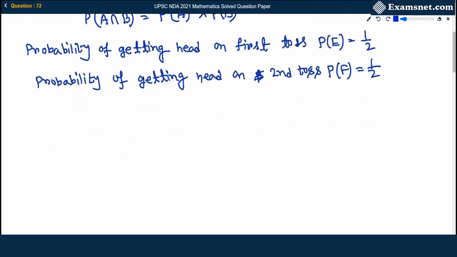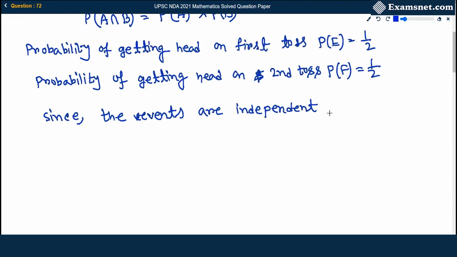Since these events are independent, we can write probability of E intersection F is product of probability of E and probability of F, right?